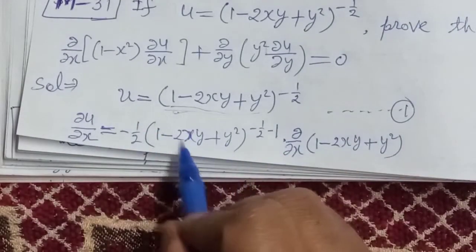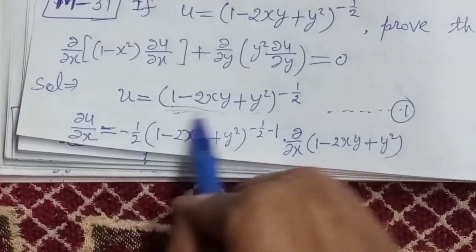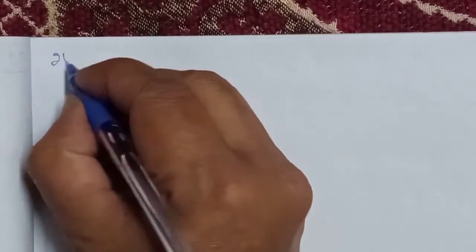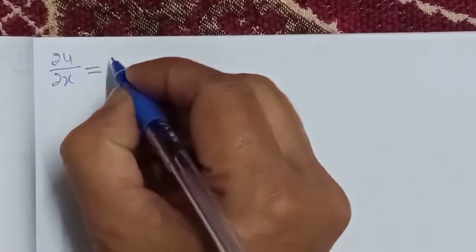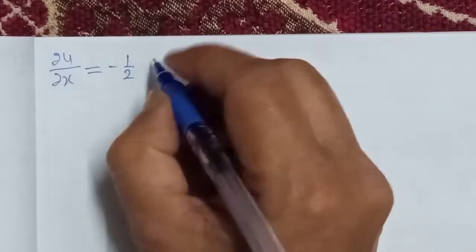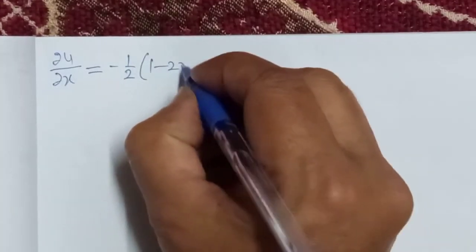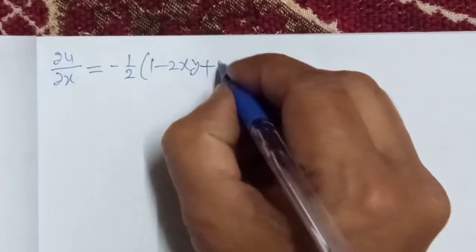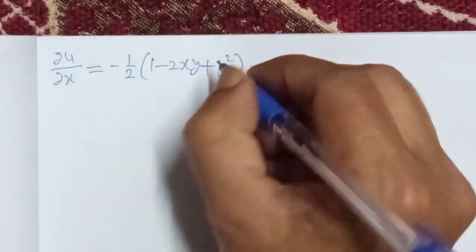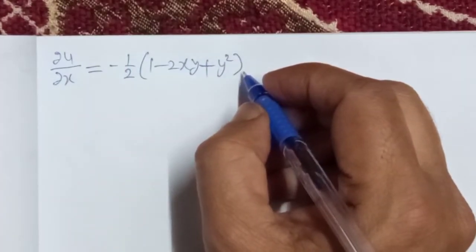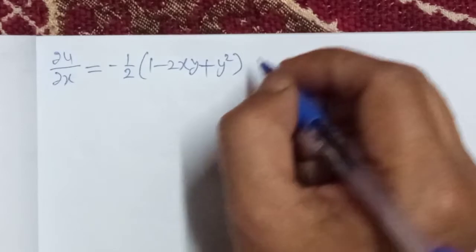In the next step I write it without any change: del u over del x is equal to minus 1 by 2 (1 minus 2xy plus y square) to the power minus 1 by 2 minus 1.